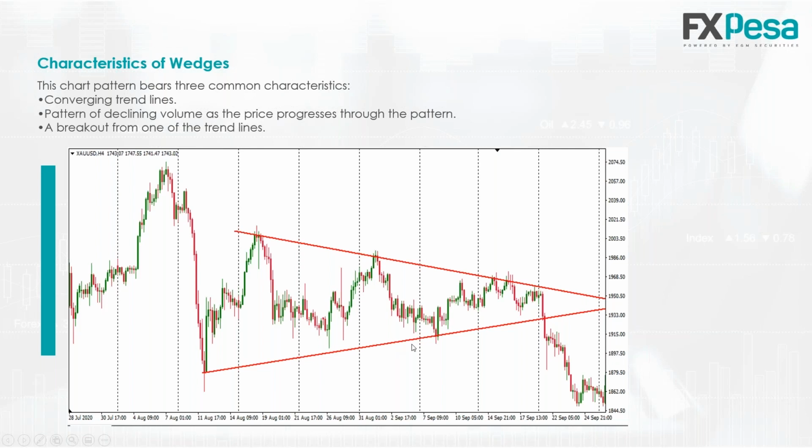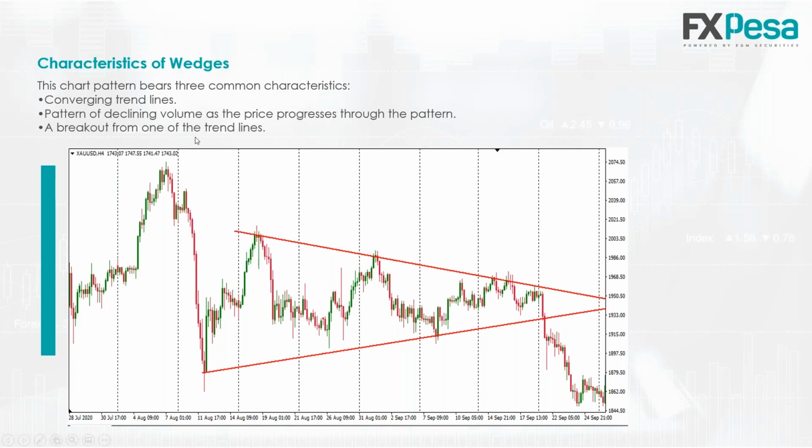So the price is converging towards one end, forming a wedge. There is a pattern of declining volume as the price progresses through the pattern. So here the volumes are going lower. The highs are forming lower highs, and the lows are forming higher lows.